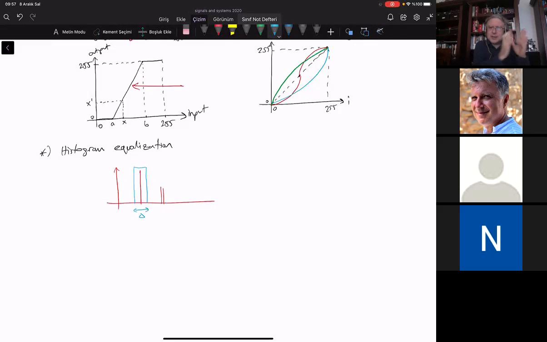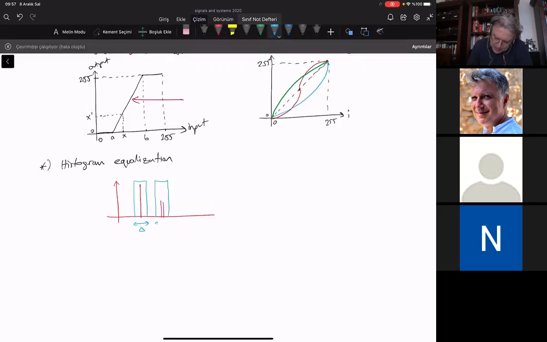And if you move that delta to around the previous pixels and take a look at how many pixels are there with these values, then it would be the summation of the two shorter red counts.